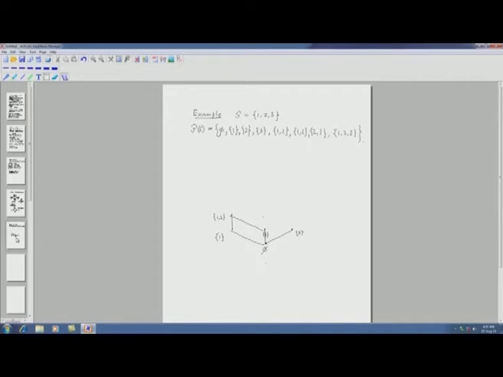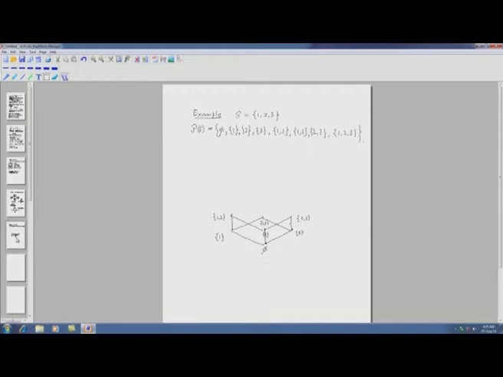Then I will draw 1 3. 1 is related to 1 3, 3 is related to 1 3, and here I will write 2 3 and join them.